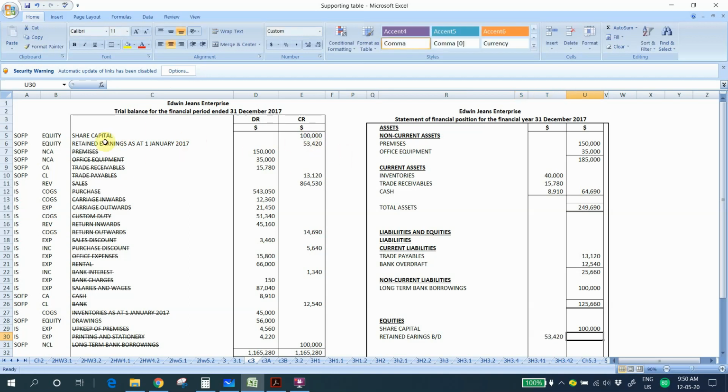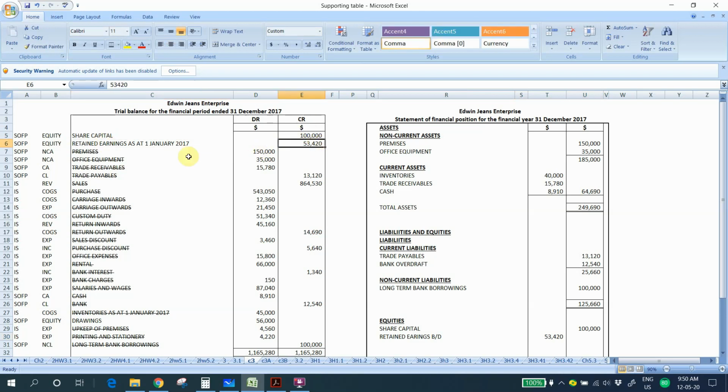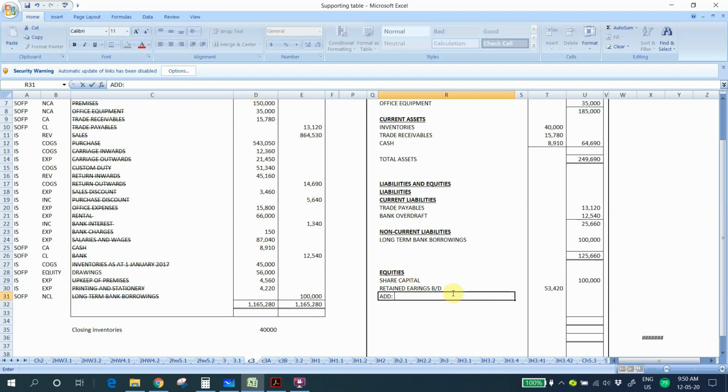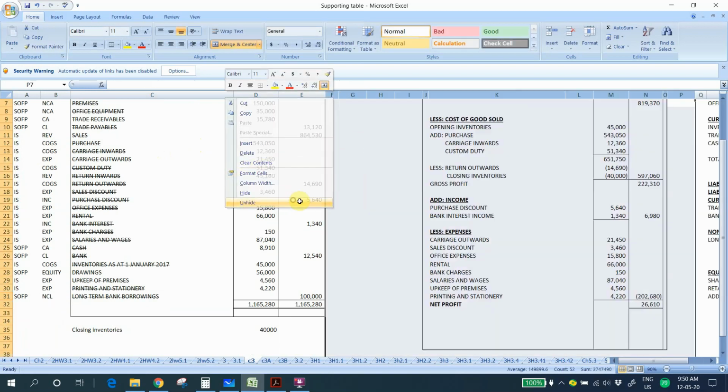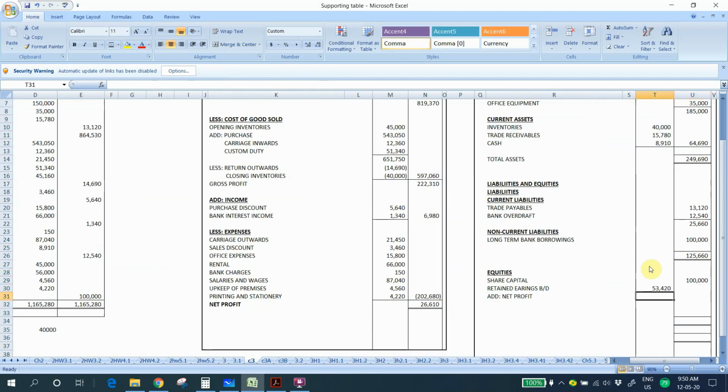Class, take note, if the retained earning is on the credit side, this is a positive amount. If the retained earning is on the debit side, this is a negative amount. And we add net profit. So let's see what is the net profit of the company, 26610. We extract the net profit from the income statement.